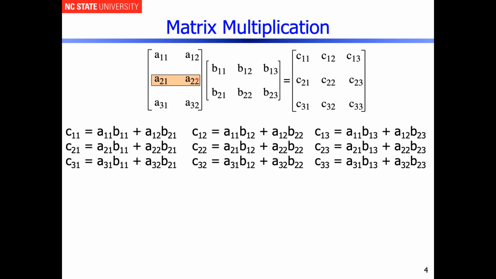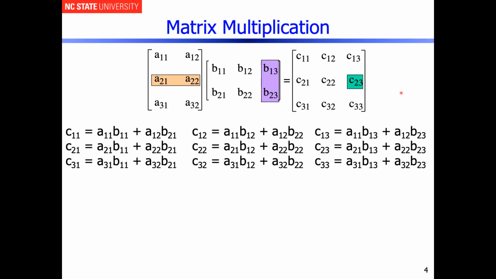So now if we take the second row in matrix A multiplied by the third column in matrix B, we should basically return the dot product that will give us the second row and the third column matrix element of the product matrix, which is right here.